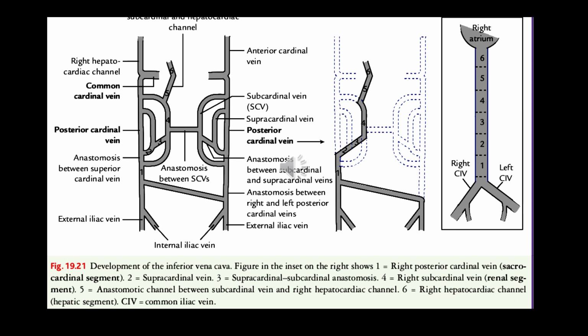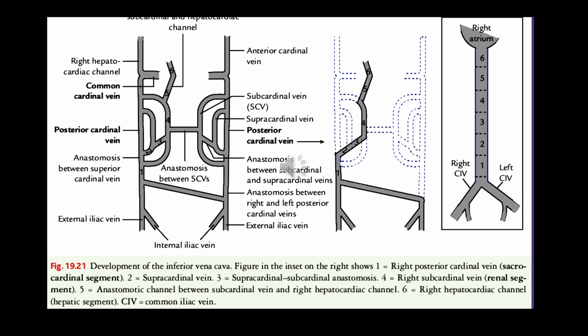Cranial to this communication is number 1, that is called the sacrocardinal segment, of the right common cardinal vein. Next we will move still cranially. Immediately parallel and connected to the posterior cardinal veins are the supracardinal veins, right and left.